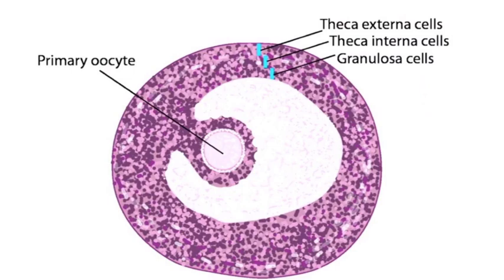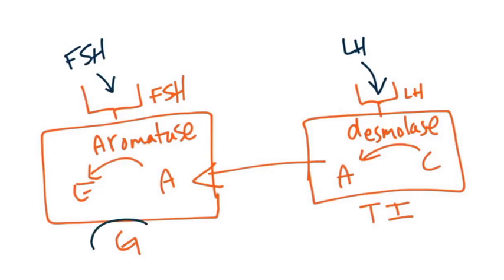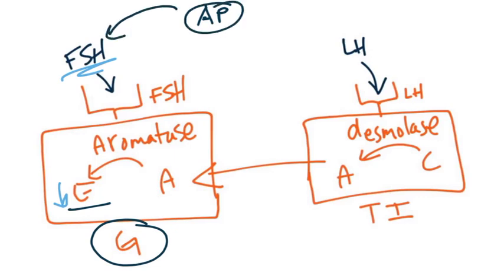Now this is an image of a tertiary follicle within an ovary, which is discussed in detail within the reproductive physiology chapter. Right now I want to draw your attention to the granulosa cells and the theca interna cells. The granulosa cells, indicated by this box, normally produce estrogen, and they are stimulated by FSH. If estrogen is low, then the anterior pituitary gland will release more FSH in an attempt to increase estrogen.